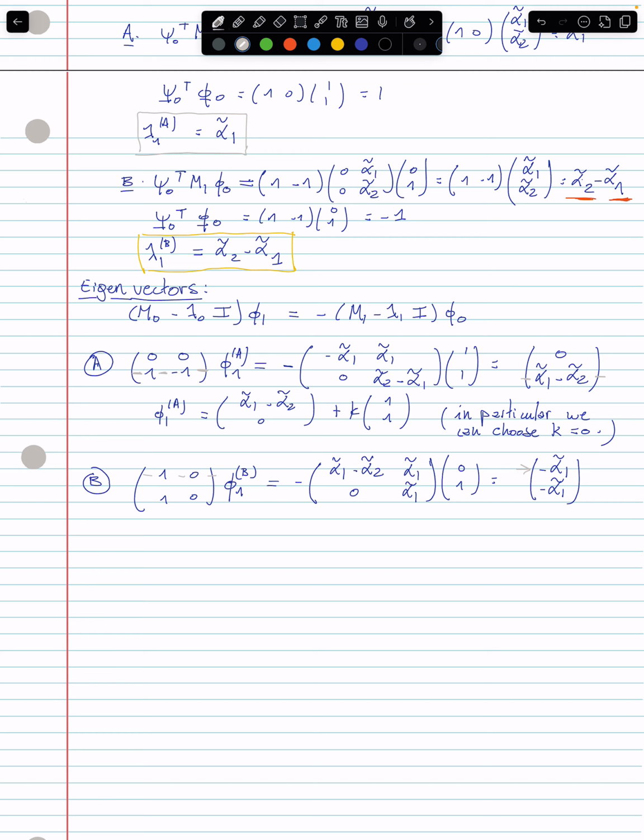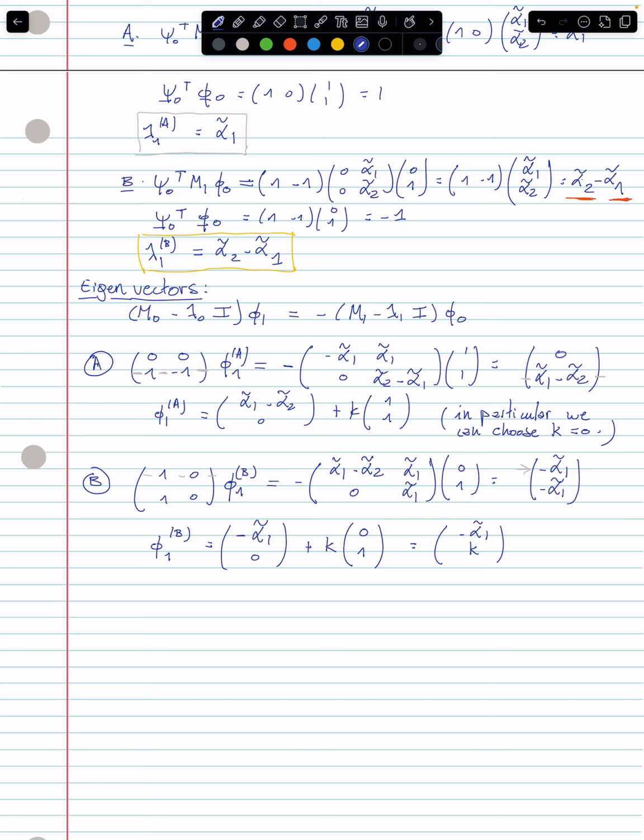All right, so it means that the first component here of phi 1b is minus alpha 1 tilde, and anything for the second component. So for instance, I could choose 0 plus any arbitrary constant times the eigenvector, which is k times 0, 1, and you see indeed that it provides something like this.